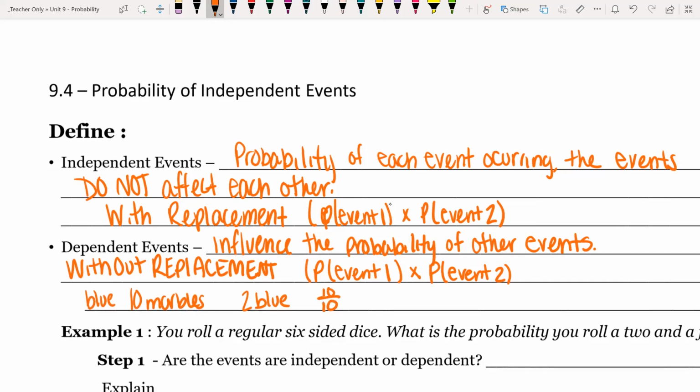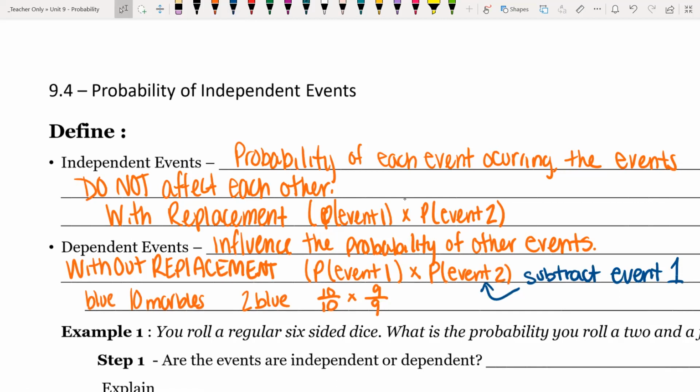But if I take a blue marble out of those 10 and I'm not putting it back into the bag, now I only have 9 marbles in there, and 9 of them are blue. So with event 2, you subtract event 1. If that kind of makes sense. And we'll talk about that.